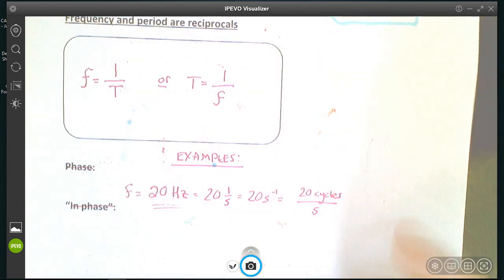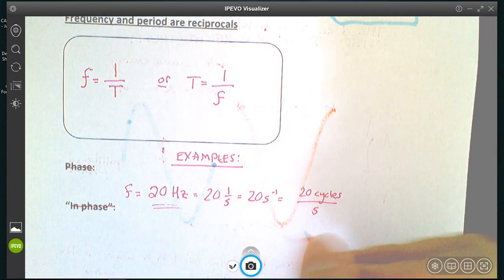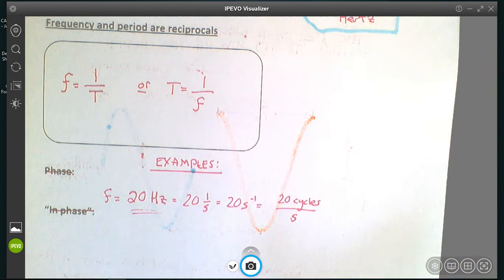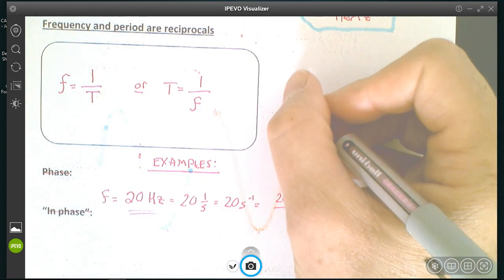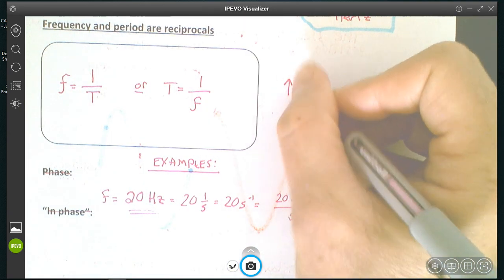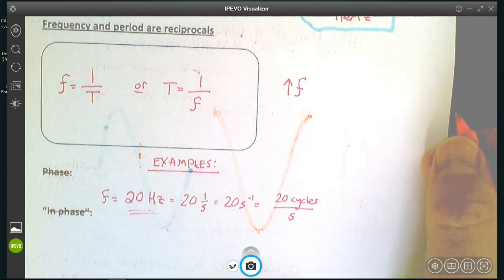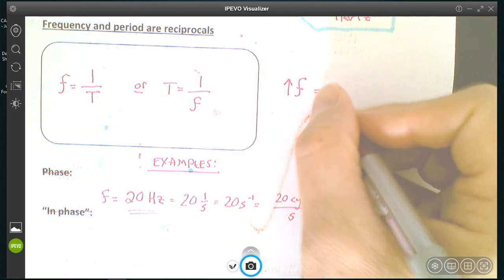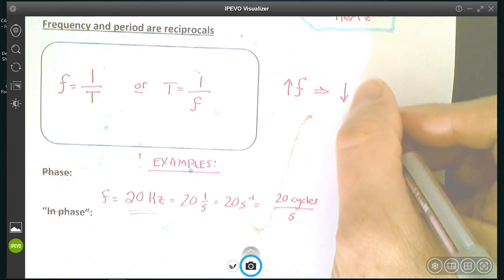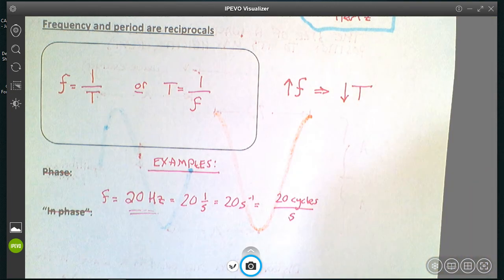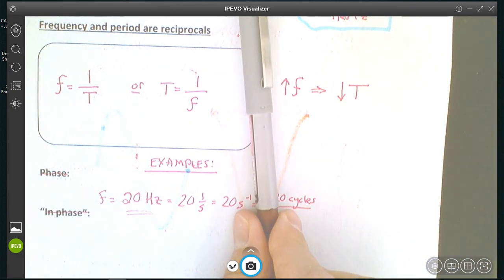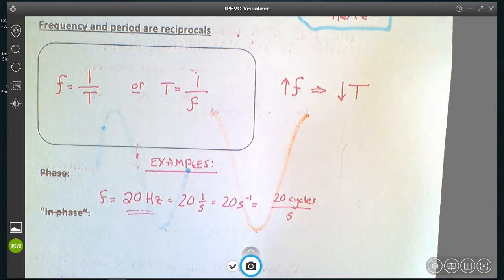Now, basically the relationship up here is that if you increase the frequency of the vibrations, you start to decrease the period. Because if it's vibrating really fast, the time it takes to do a cycle goes down. It takes less and less time the more frequently the thing is vibrating.